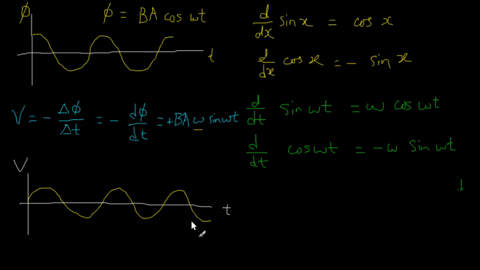And when it's transmitted to our house with very long power cables, this is also the voltage that we receive from our mains socket. So let's look at this alternating voltage, or alternating current as it is often called, in a bit more detail.